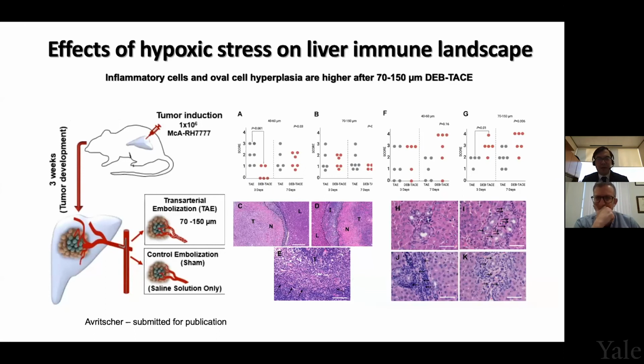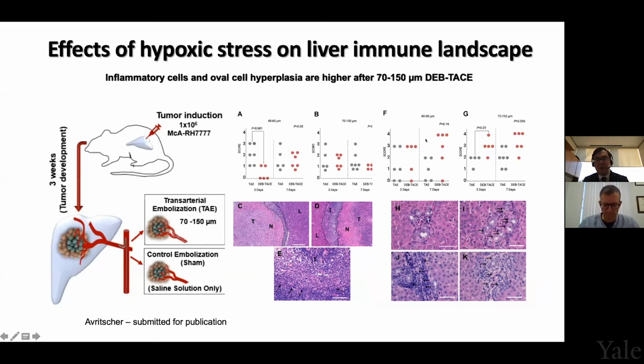Finally, we classified the inflammation seen around the tumors, depending on the size of the bead and the presence of drug. And what we see is that inflammation, as you would expect, increases over 7 days.